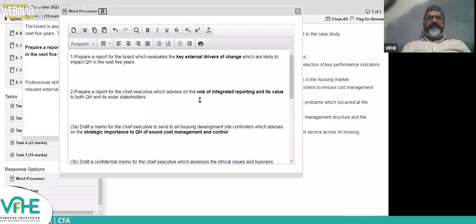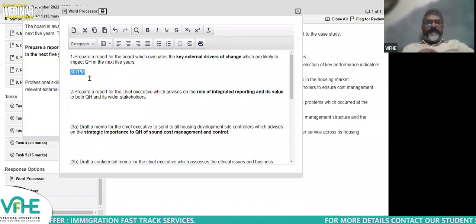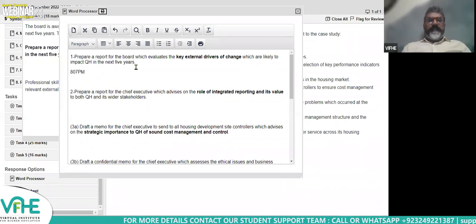Add 32 minutes, so 8:07 is the ending time. You write the expected ending time by looking at your watch, adding the 32 minutes, and writing the ending time, and then you start drafting.